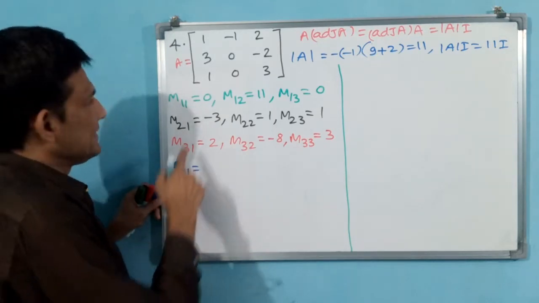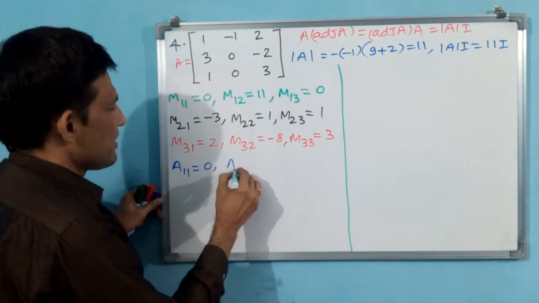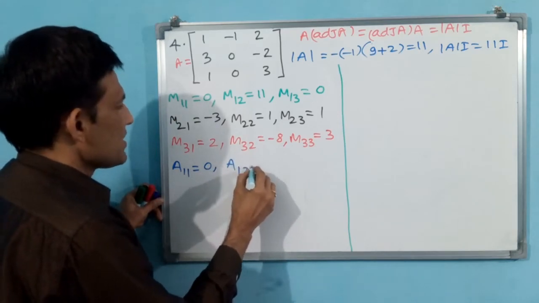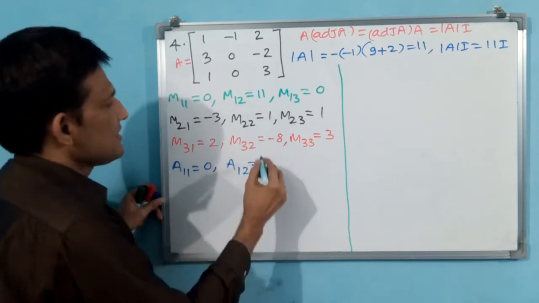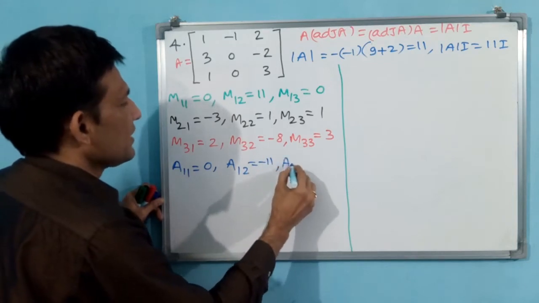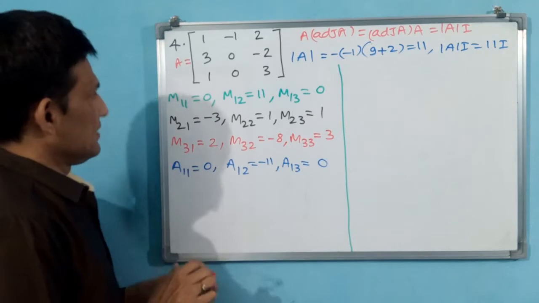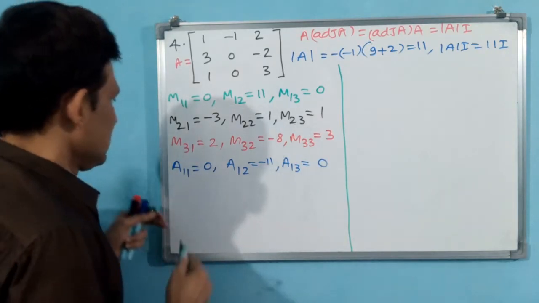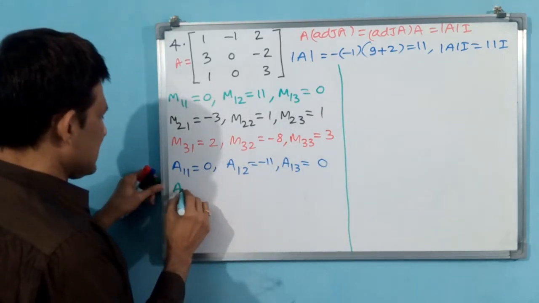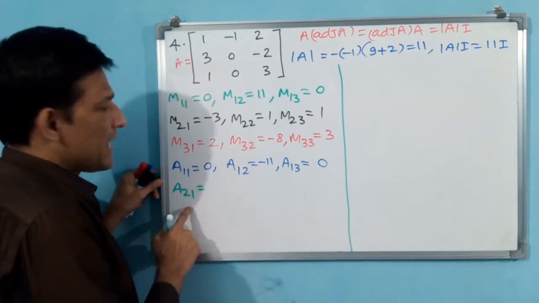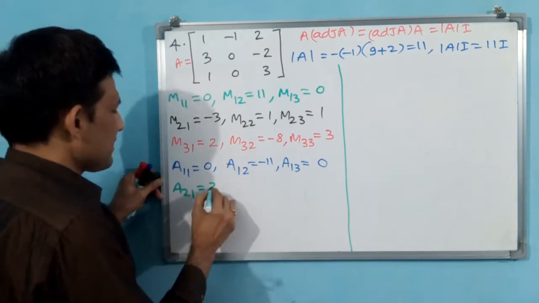A11, plus 0 is there, means there is no requirement to put any sign. A12, minus 11 is there, means minus 11 you have to write. A13, plus, but 0 is there, need not consider. Then go for A21, minus. Minus is there, then plus 3 you can make.